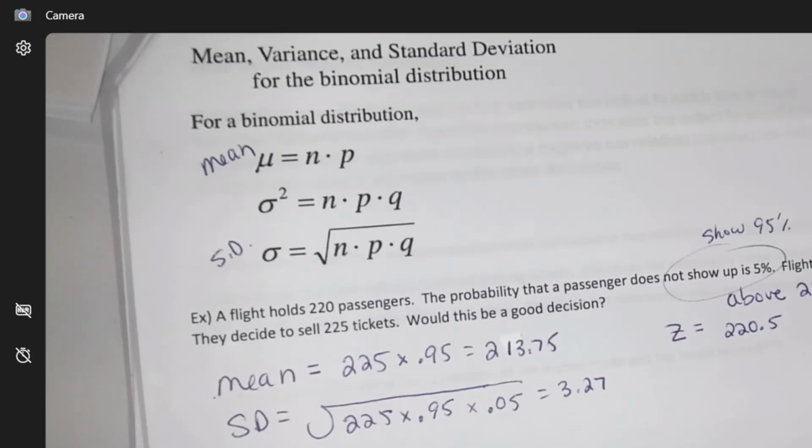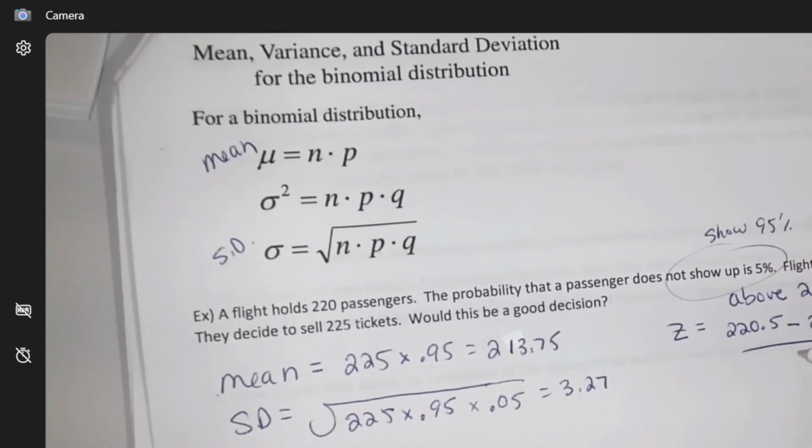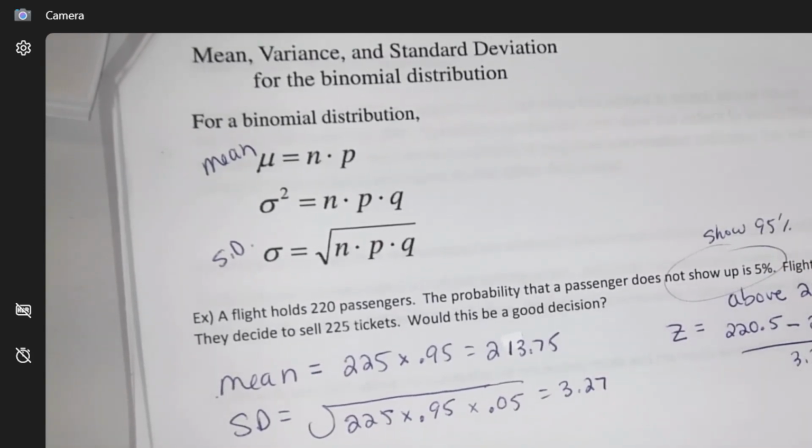Do you remember the z-score formula? It's x minus the mean over the standard deviation. That's the z-score formula on your sheet.